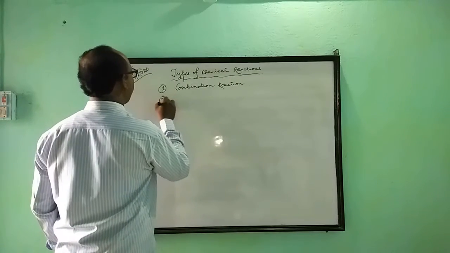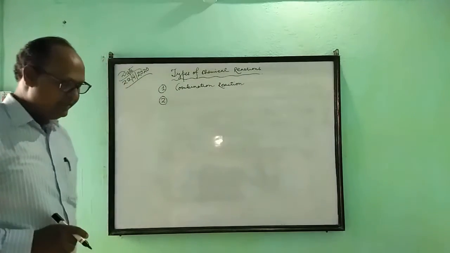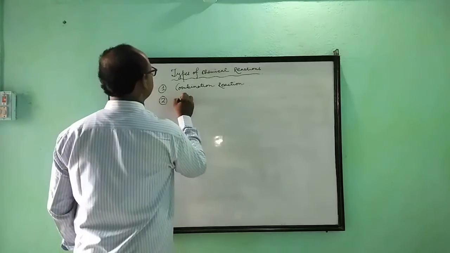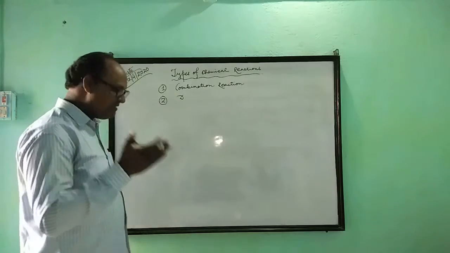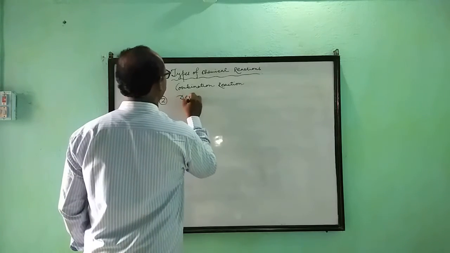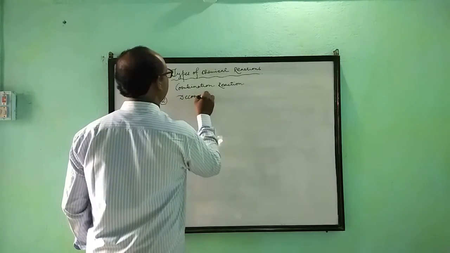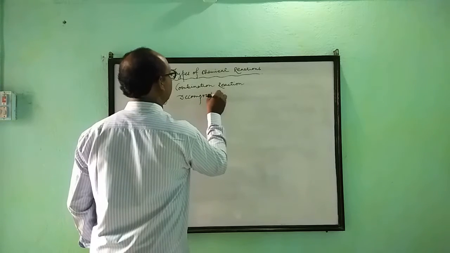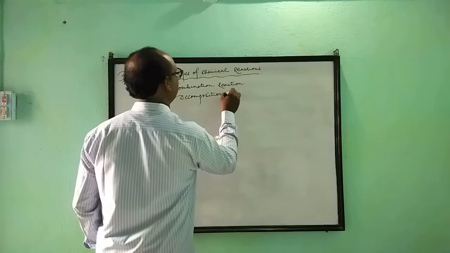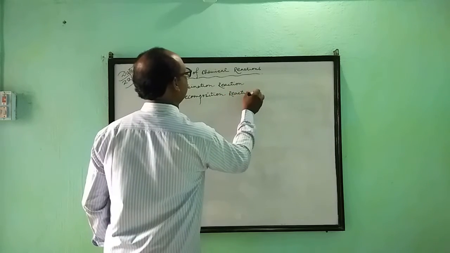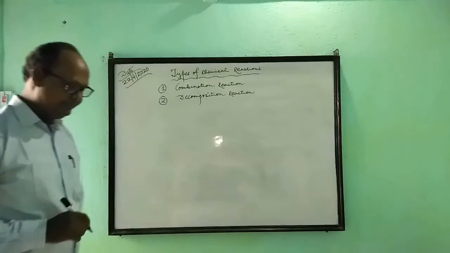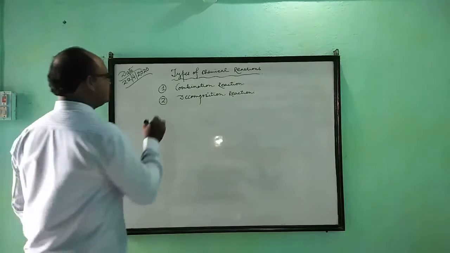Number 2 is decomposition, the opposite of combination. The opposite of combination reaction is decomposition reaction. Number 3 is displacement reaction.